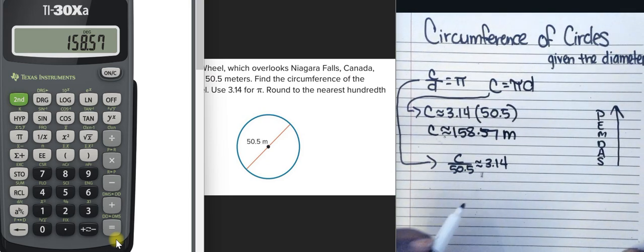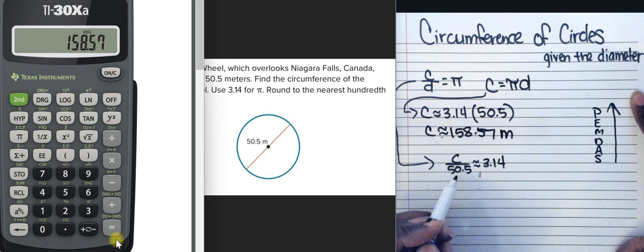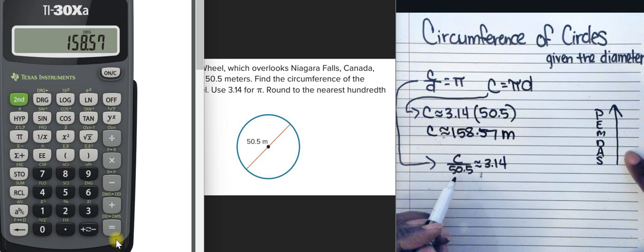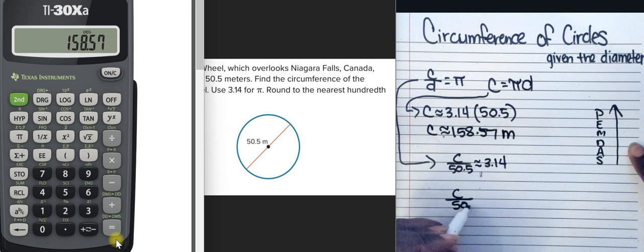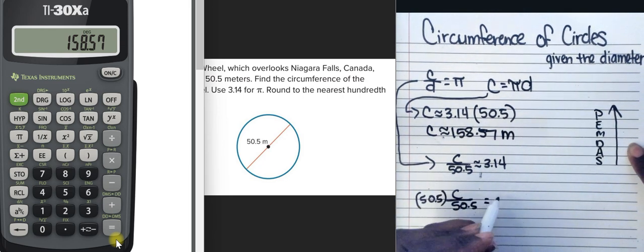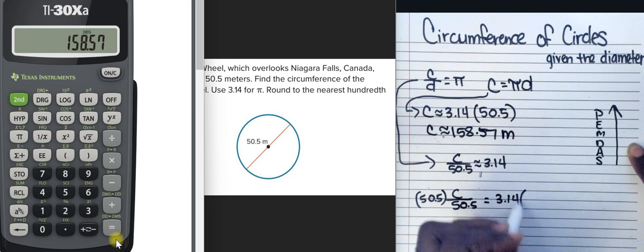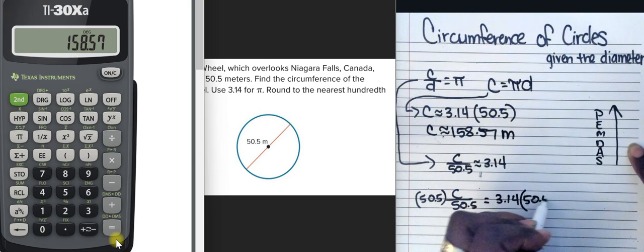Okay, so remember if the variable is not isolated, we need to work with PEMDAS from the bottom up. We don't have subtraction, no addition, but I do see division. So we're going to multiply both sides by 50.5. So what we end up with is C multiplied by 50.5, and then this is equal to 3.14 times 50.5.